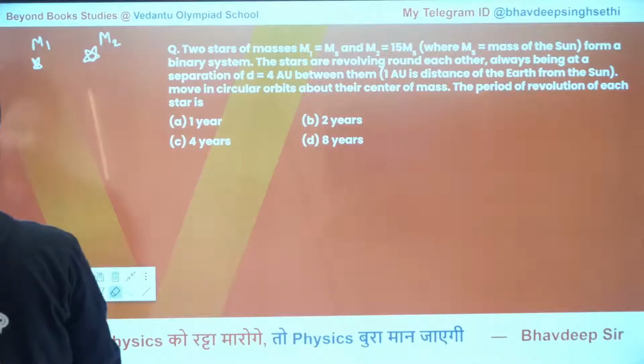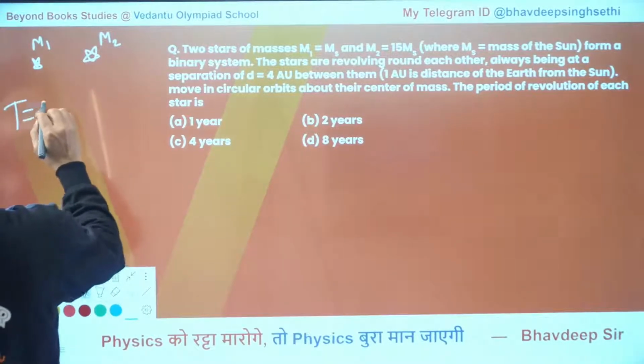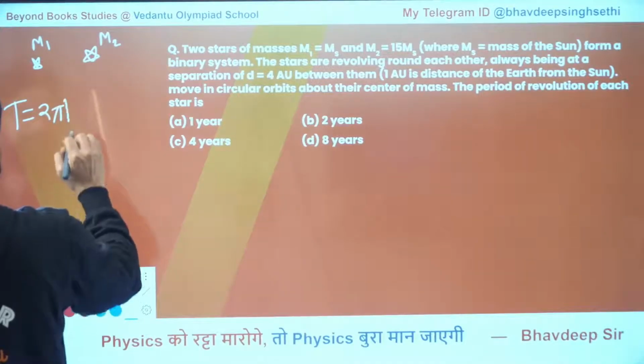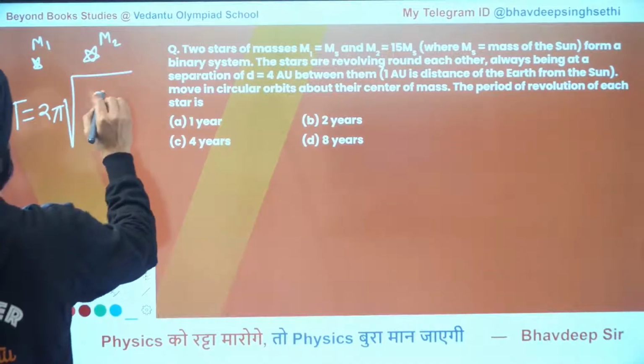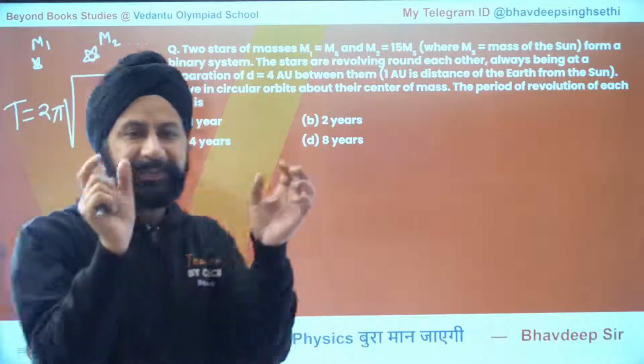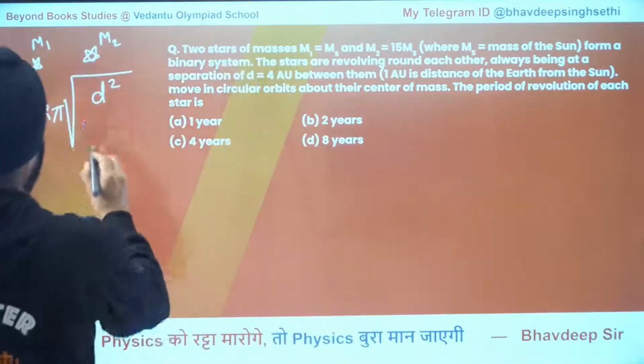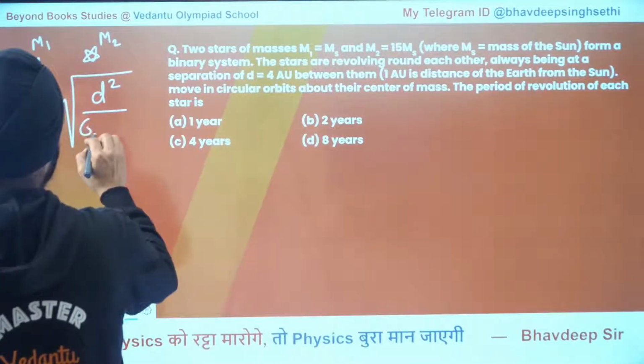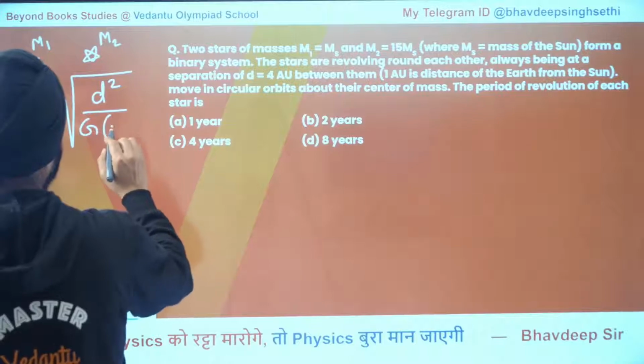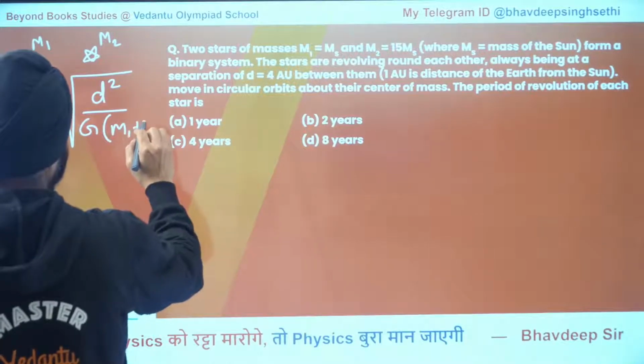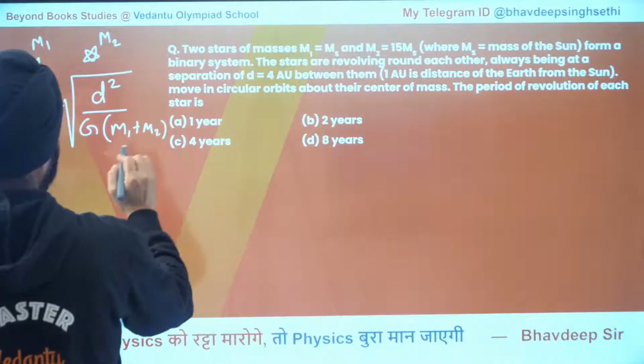So the time period is given by 2 pi square root of distance cubed, where distance is the distance between those two masses, divided by the gravitational constant times the sum of the masses. So this is the time period.